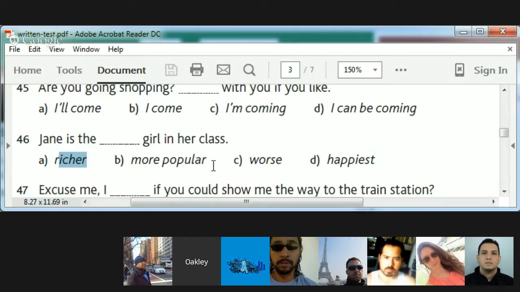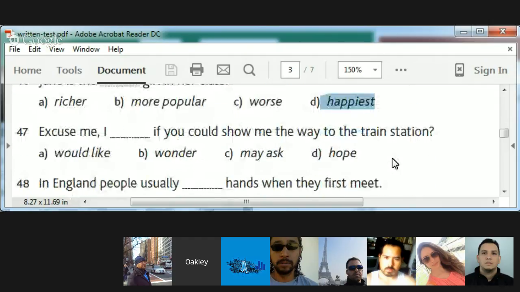She is the most popular, because we have more than one syllable in the adjective, so we use most or perhaps least. And then the irregular adjective, bad, would be worst. She's the worst girl in her class. This is the only option that actually uses the superlative adjective form. So there you go. Thank you.